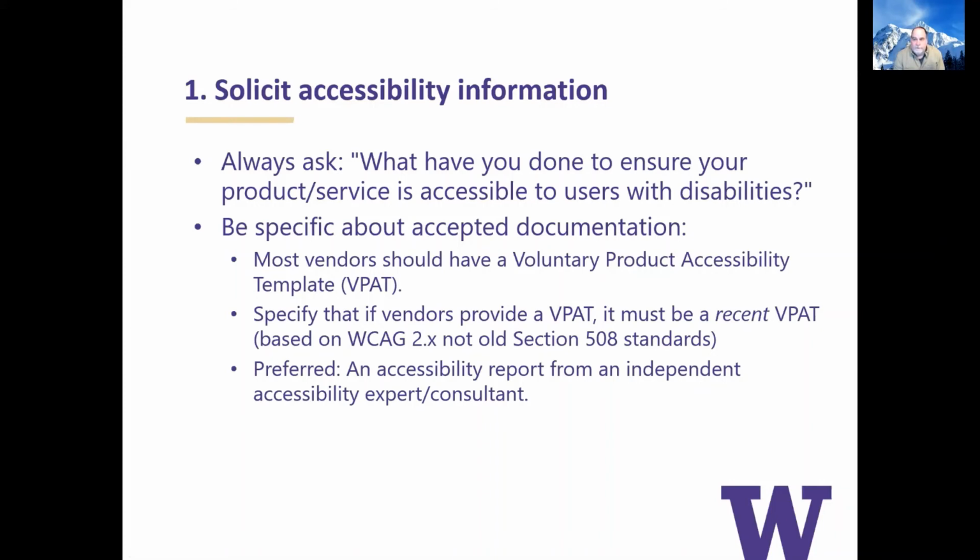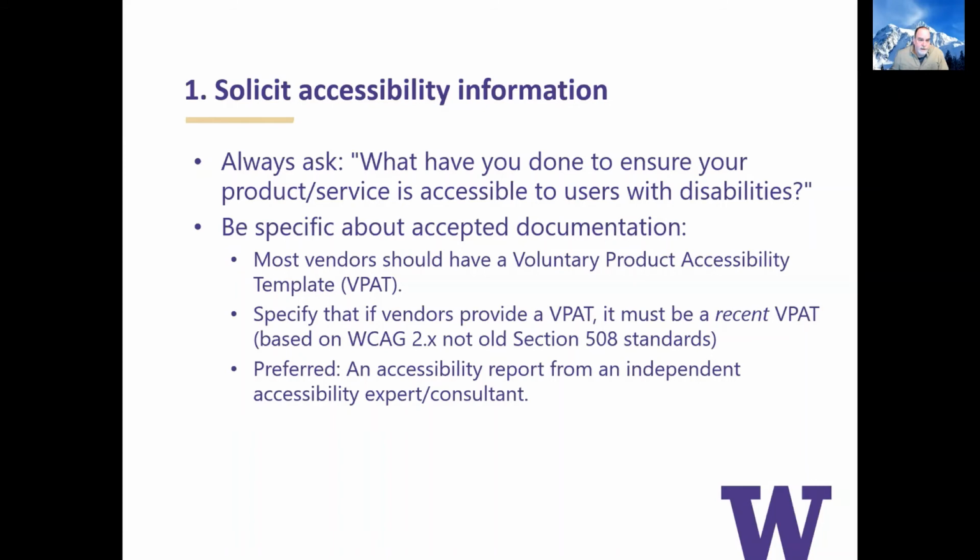We want to see what their VPAT is, and the VPAT or the Voluntary Product Accessibility Template has come out from the Section 508 accessibility efforts. Section 508 does not apply to us directly, us University of Washington. I know that in some states, Section 508 is used as an accessibility standard, but Section 508 really is geared more towards federal agencies. So the VPAT was developed to help answer questions about accessibility.